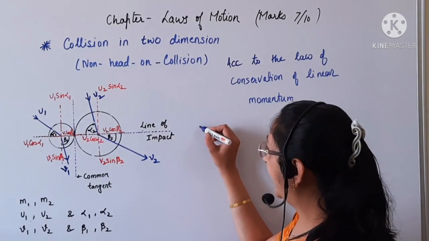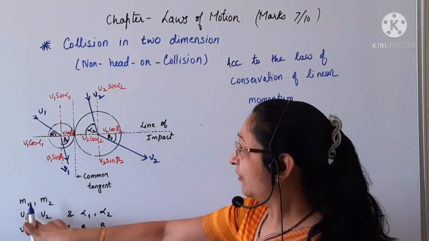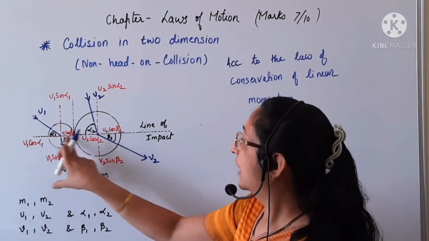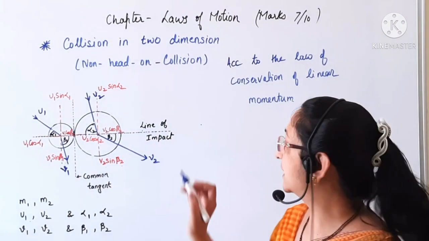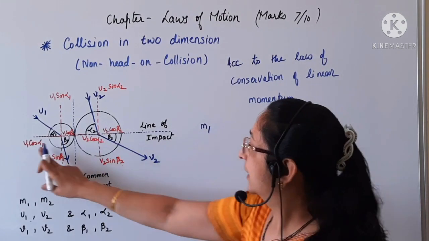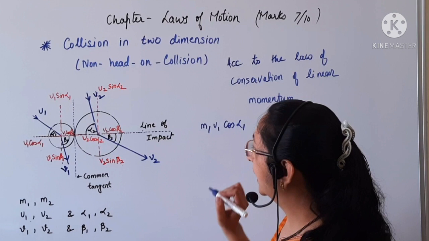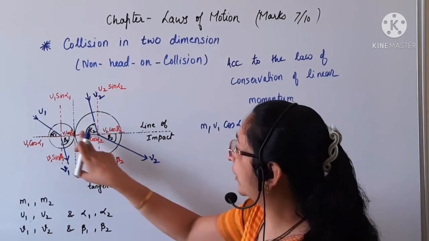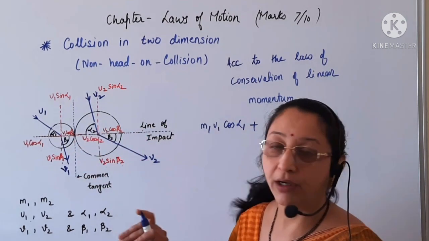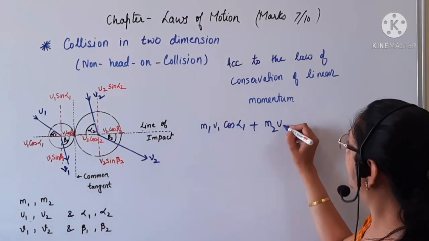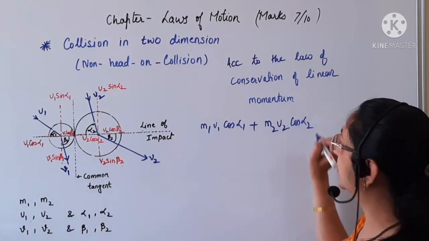Here m1 is the mass of the first body, m2 is the mass of the second body. So along the line of impact, we write m1 u1 cos of alpha 1 plus, since this body is colliding with this body, m2 u2 cos of alpha 2.